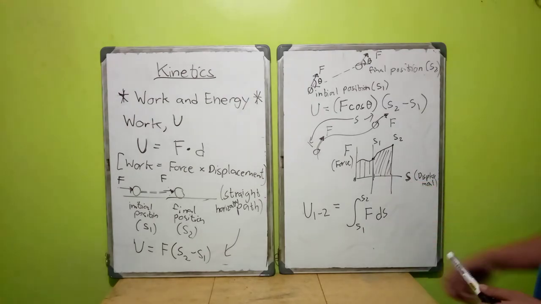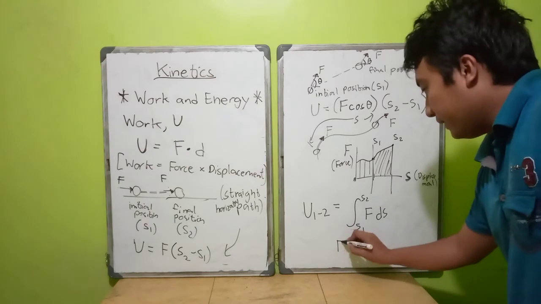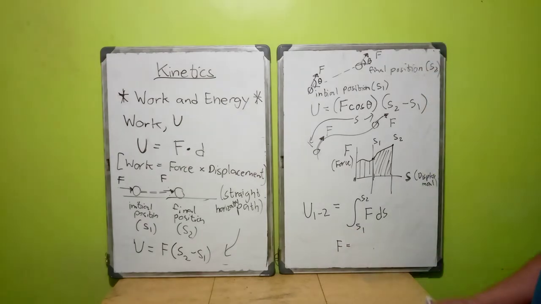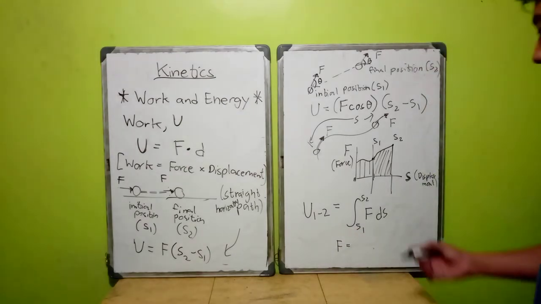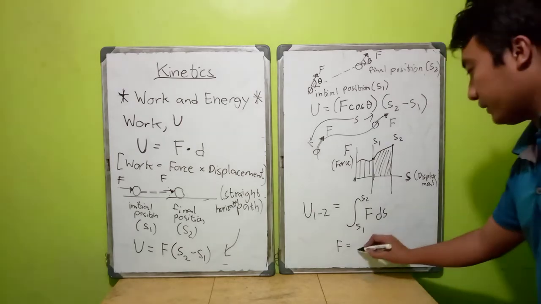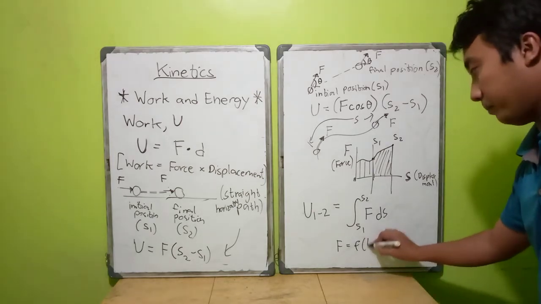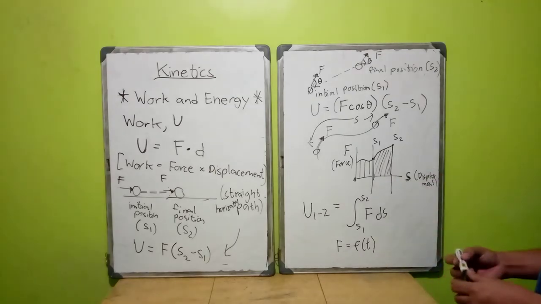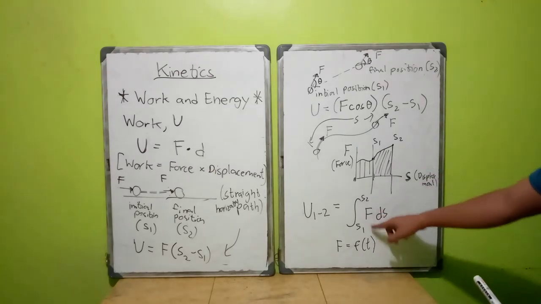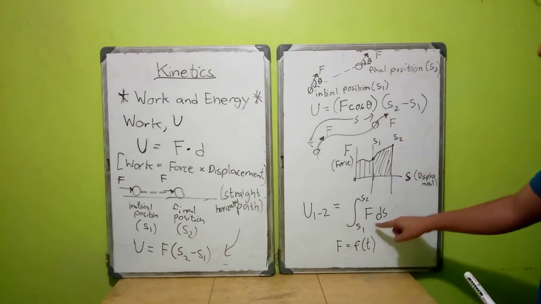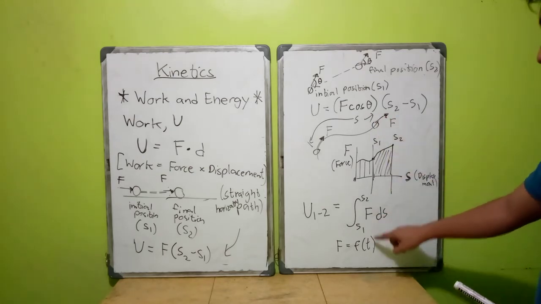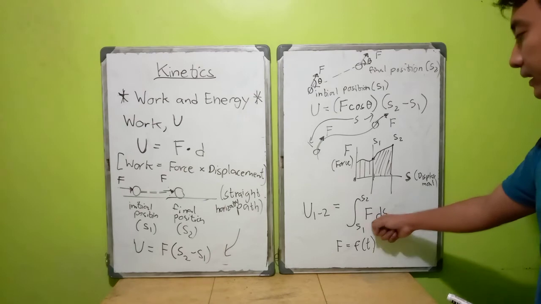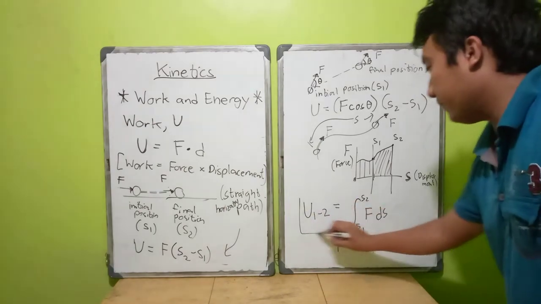In which your F could be a function of time here. So if you have a general formula for F, you can replace that value here and then you can compute your work.